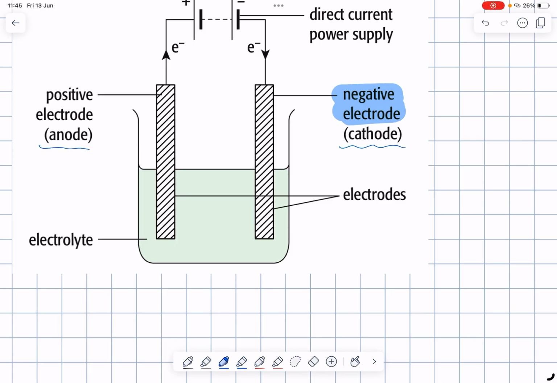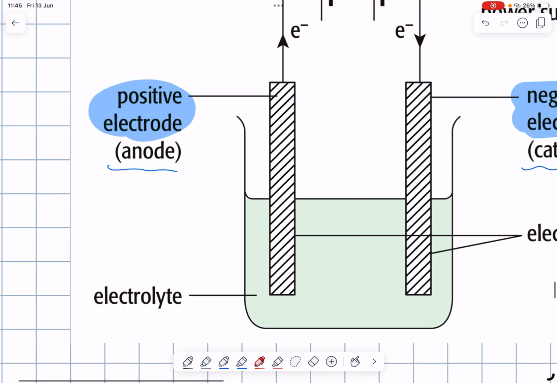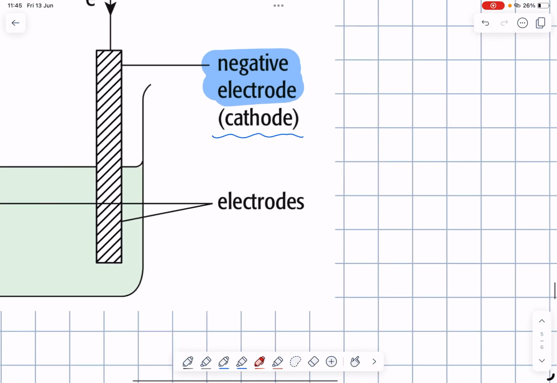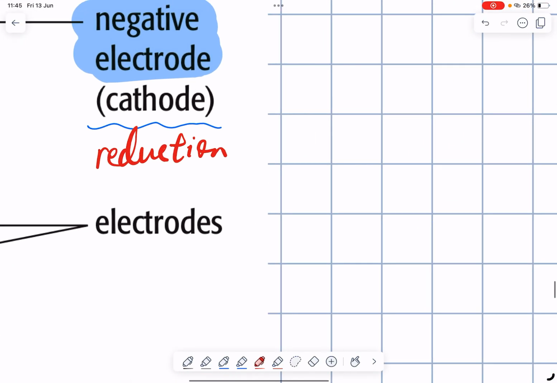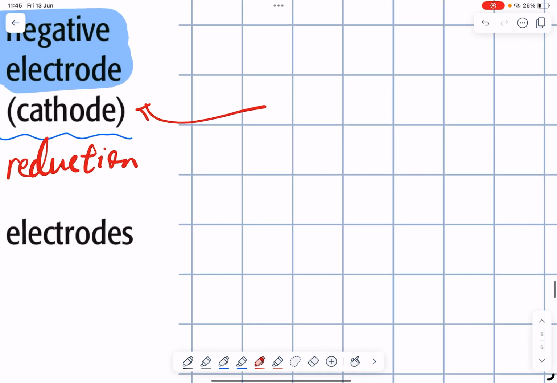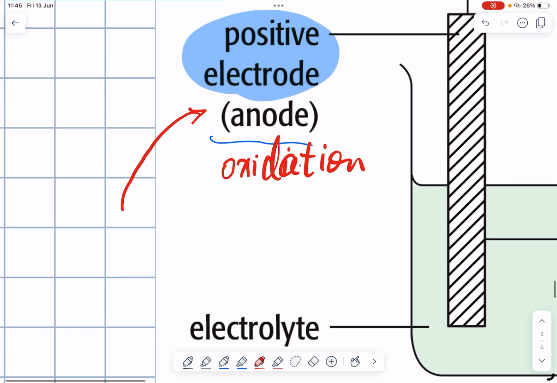And here is the anode. What's important is that in the anode, oxidation happens, and at the cathode, reduction happens. Also, just for you to memorize, cations go to the cathode, and anions go to the anode.